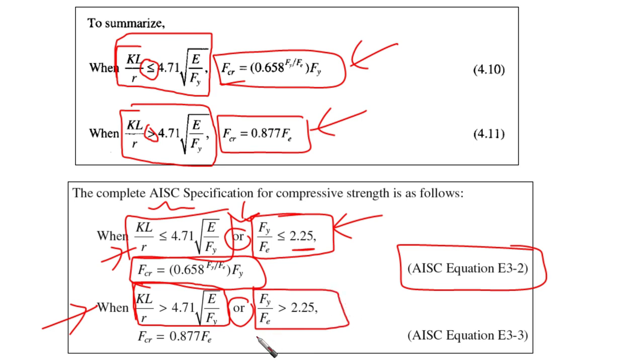We need to calculate both of them, and after that we can use Fcr equal to this value, which is 0.877 Fe. You can find it in equation E3-3 in AISC.